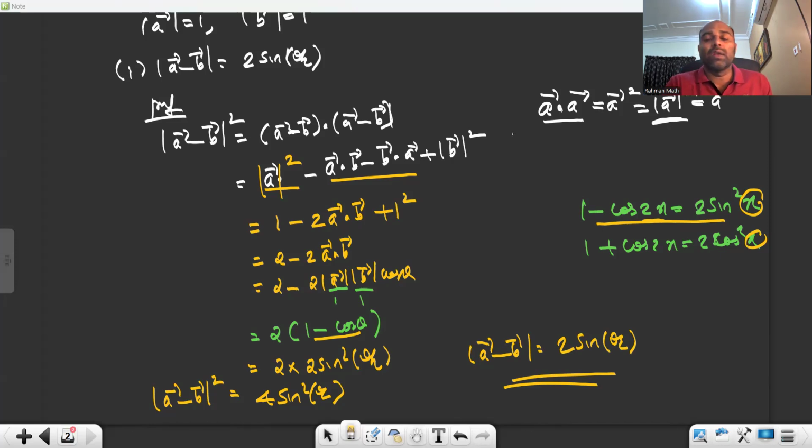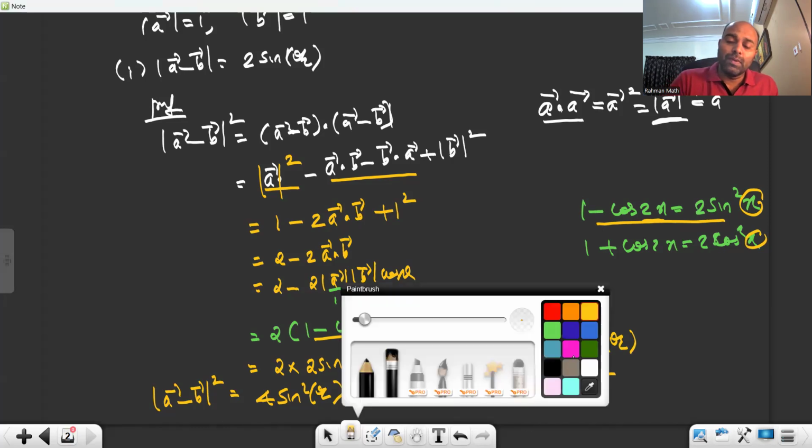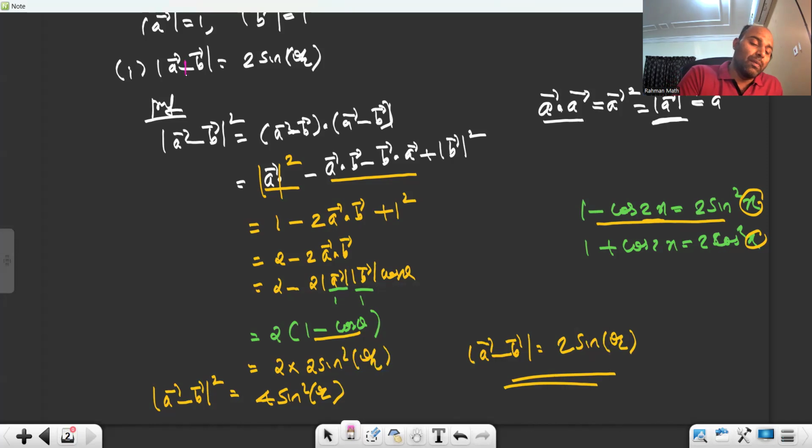Same way, the second part you can try. To prove magnitude of A plus B equal to 2 cos theta by 2, same way, please proceed. I'll wait for you. This is the first part, which we have done.